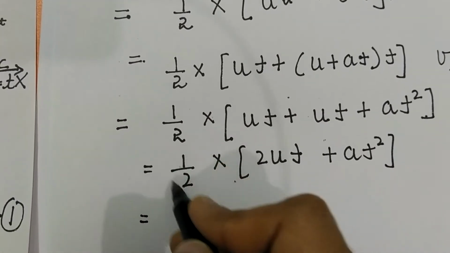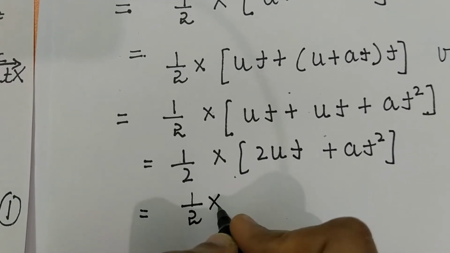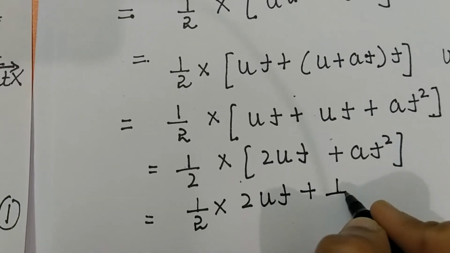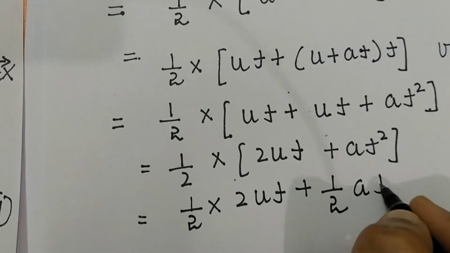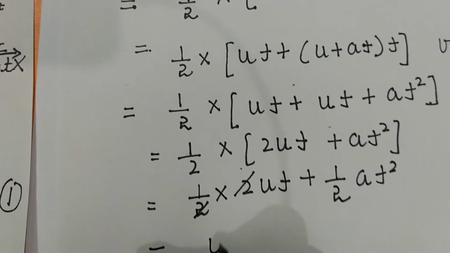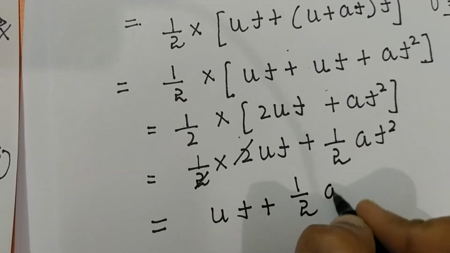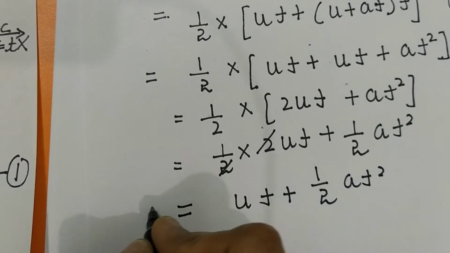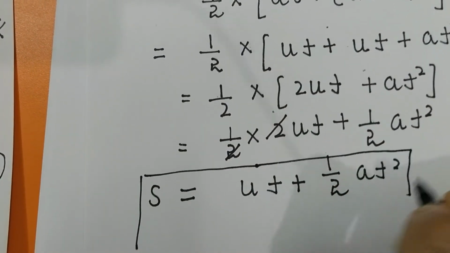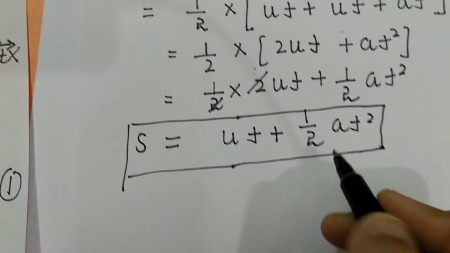Now this 1 by 2 will be multiplied with the whole expression, 1 by 2 into 2ut plus 1 by 2 at square. The 2 will be cancelled out with this 2. Then we have ut plus half at square. So this is the required equation of motion which we have derived by using the graphical method.